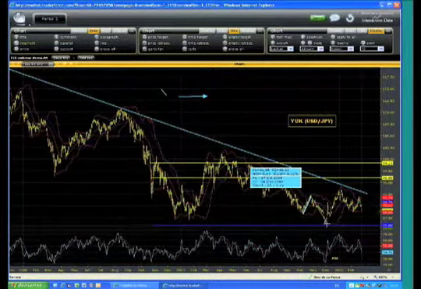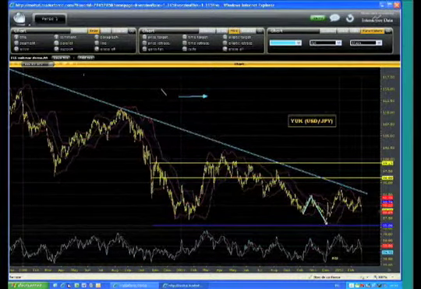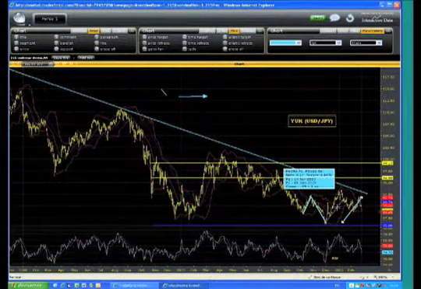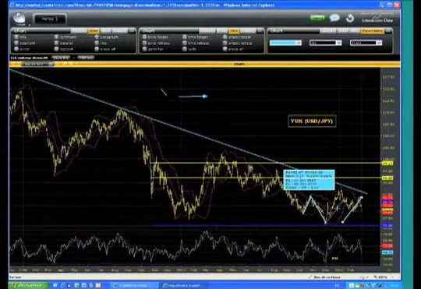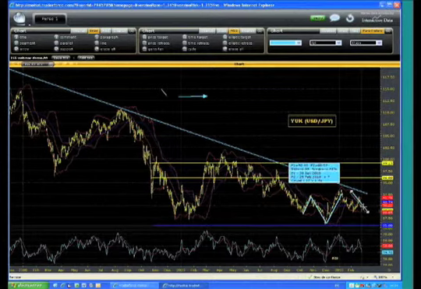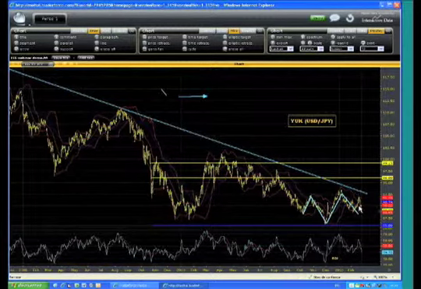The reverse head and shoulders. I draw it for you. It's a bit slow, sorry, but I want to show you this pattern. So this is a reverse head and shoulders. But the recent reaction from 92 is not very positive from my view, so I think it's a fake one, a false reverse head and shoulders.